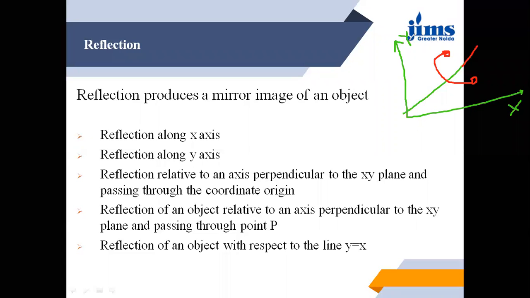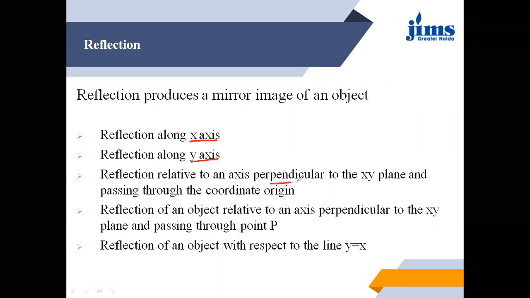When we are discussing reflection, it can be of different types: reflection along the x-axis, as I told you, reflection about the y-axis, and reflection relative to an axis that is perpendicular to the xy plane.